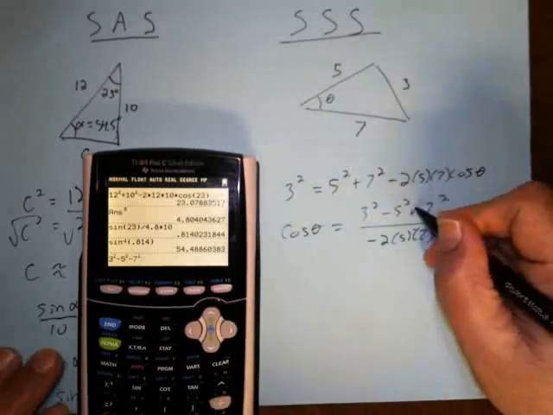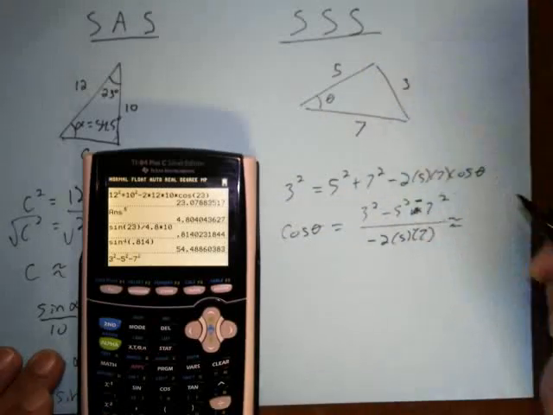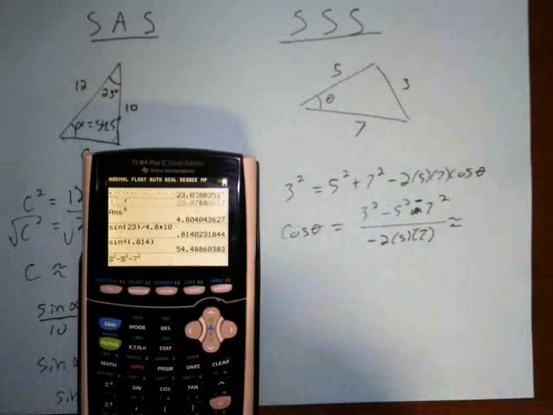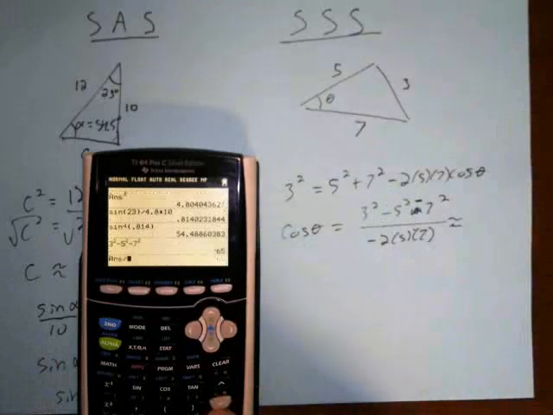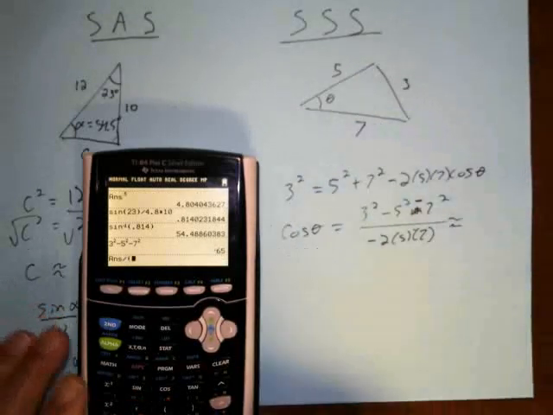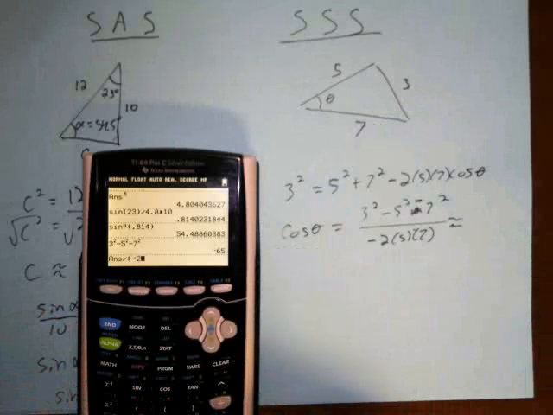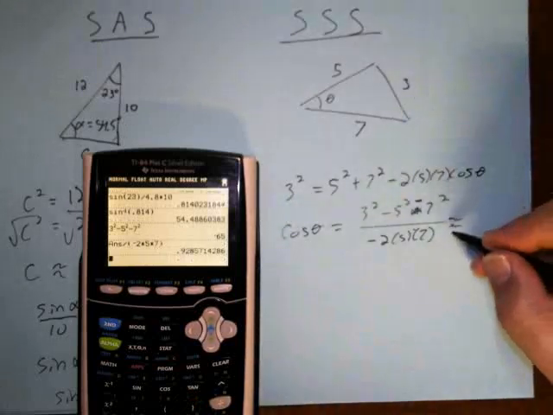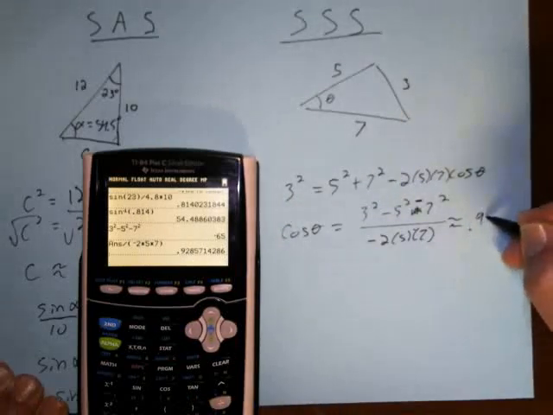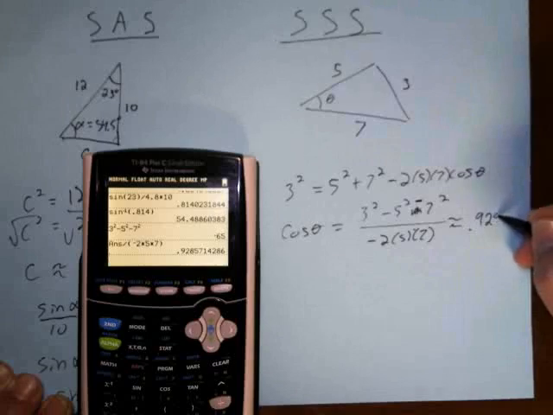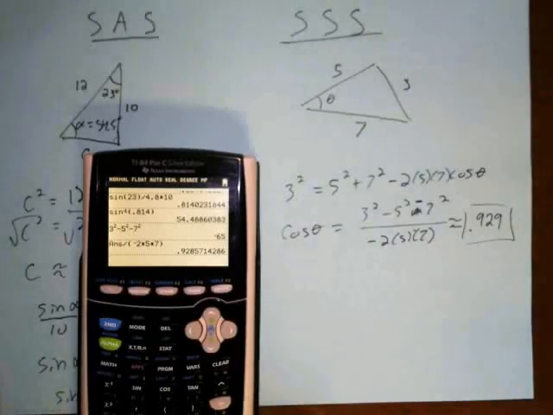This should have been a minus, by the way, sorry. I'm going to make sure the whole bottom is in parentheses, 2 times 5 times 7. And I get about 0.929 if I round to 3 decimal places.